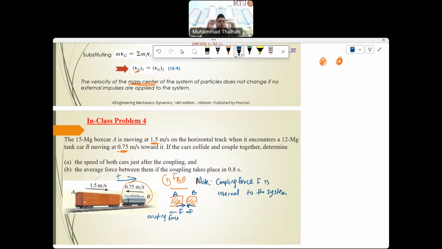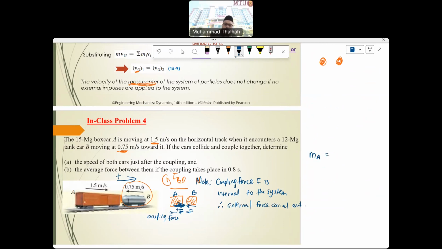And B will experience an internal force from the collision with boxcar A, from this side, and that force we call F. It's positive F. Because they have the same magnitude, they cancel out each other.